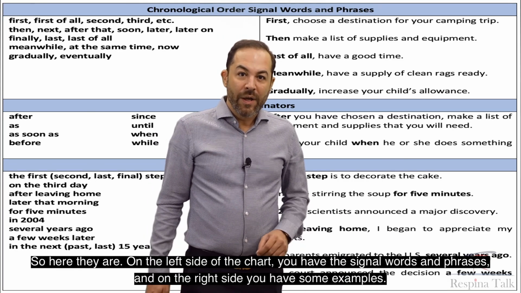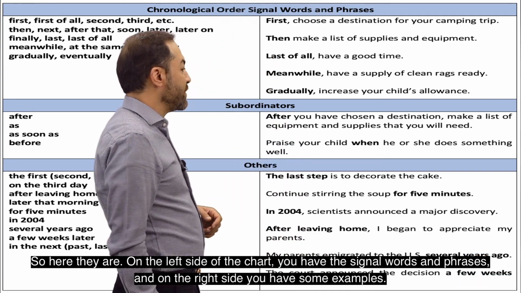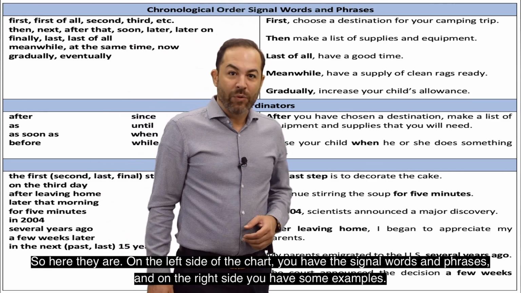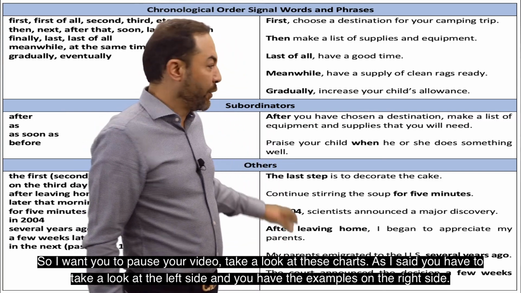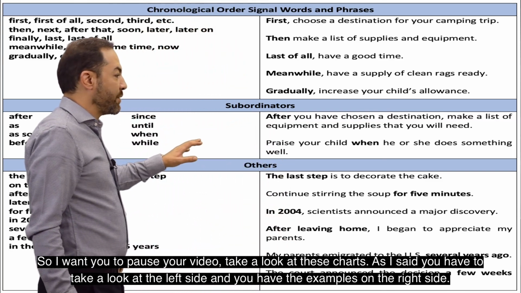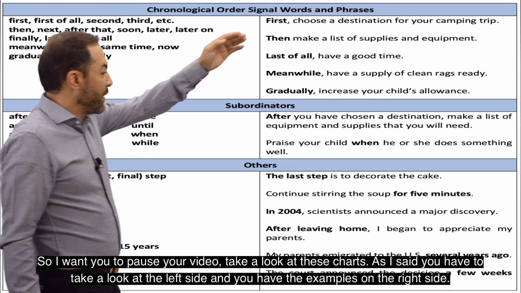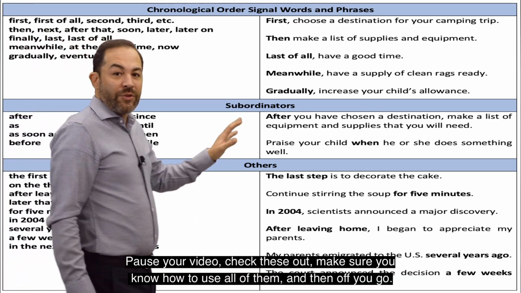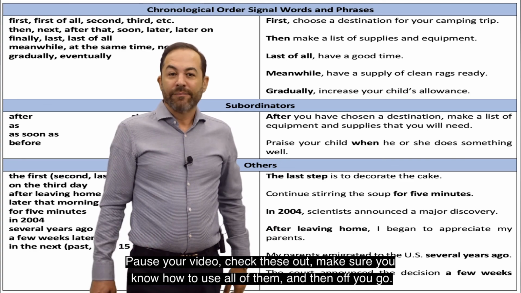So here they are. On the left side of the chart, you have the signal words and phrases, and on the right side, you have some examples. So I want you to pause your video and take a look at these charts. Check these out, make sure you know how to use all of them, and then off you go.